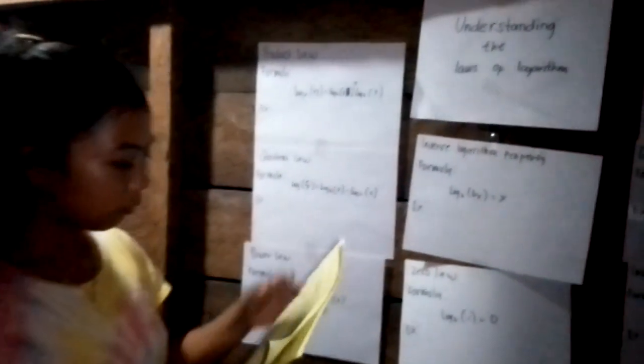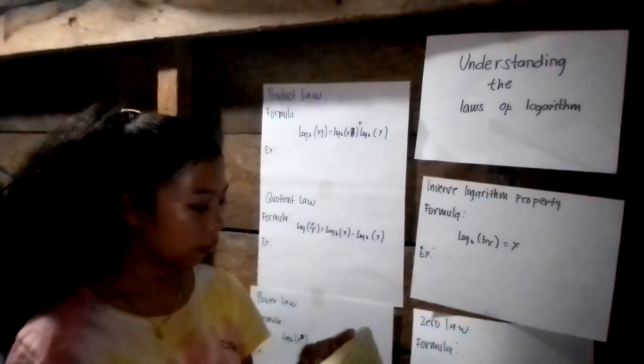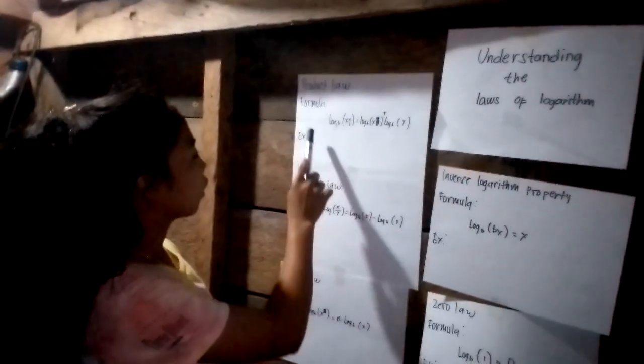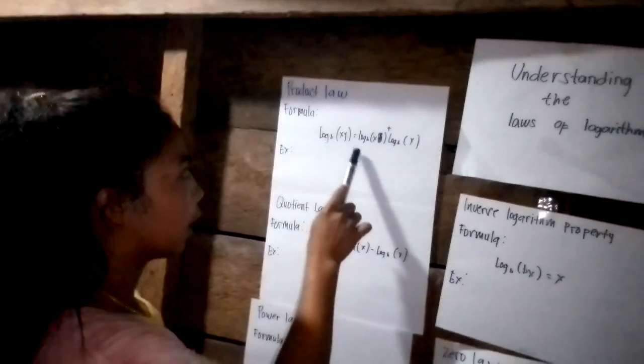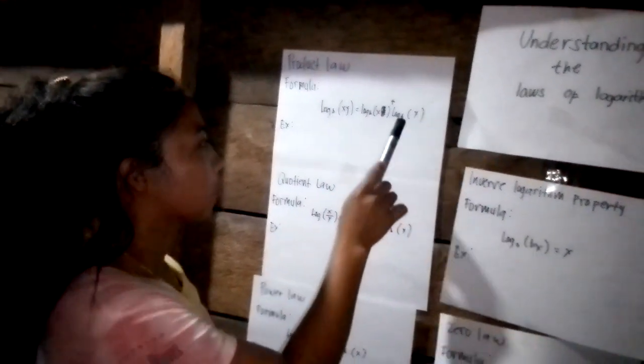So let's start with the product law. This law states that the logarithm of a product is equal to the sum of the logarithms of the individual numbers being multiplied. The formula of the product law is log base b of xy is equal to log base b of x plus log base b of y.